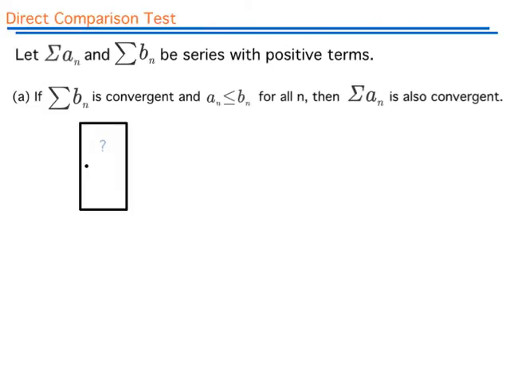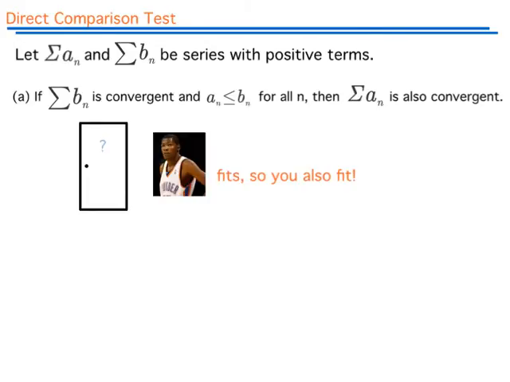So if Kevin Durant can fit through the door, and you're smaller than Kevin Durant, everybody's smaller than Kevin Durant, can you fit through the door? The answer is yes. And that's what this part of the direct comparison test says. If Kevin Durant can fit, then so can you. So if I'm smaller than convergent, then I also have to be convergent.